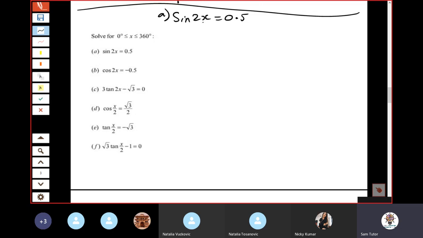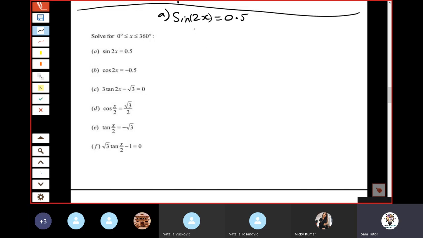So we are going to have extra things that we've got to do now compared to our normal ones where there were just x's by themselves. This isn't multiplied by 2 in front of the sine. It's multiplied by 2 with the angle. So you've got to leave that. The first thing you've got to still do is get rid of the sine.